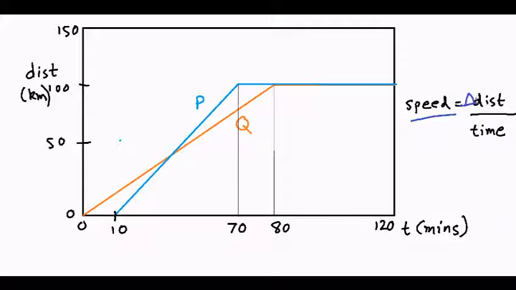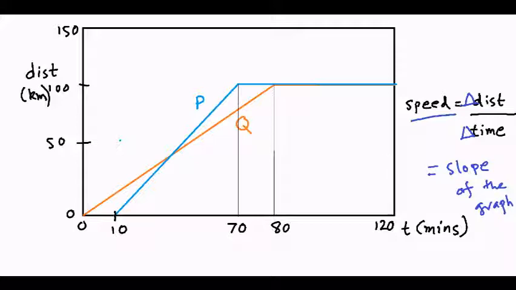So for a particular interval of distance and a particular interval of time, this is basically the slope of the graph. So speed is basically given by the slope of the graph.